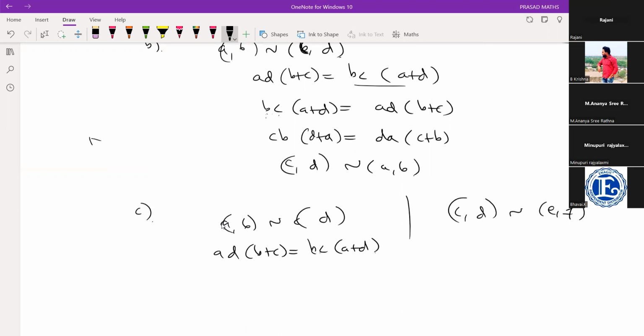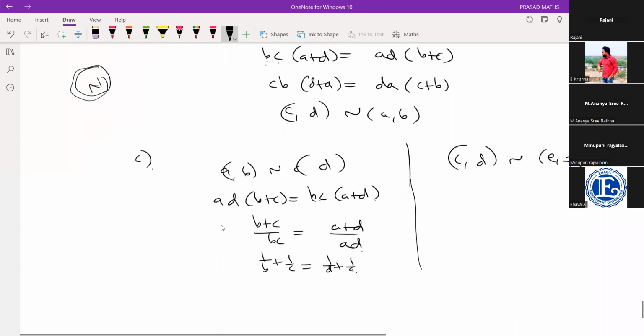But we are working with natural numbers, so we can divide by abcd. Dividing, here you get 1/b, 1/c, and here 1/d, 1/a.